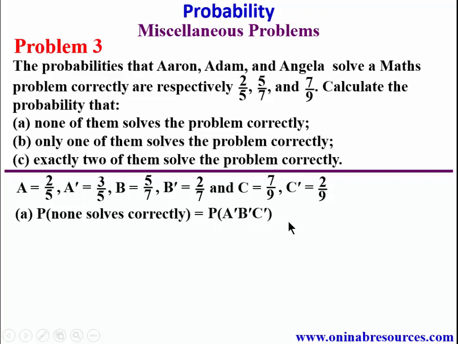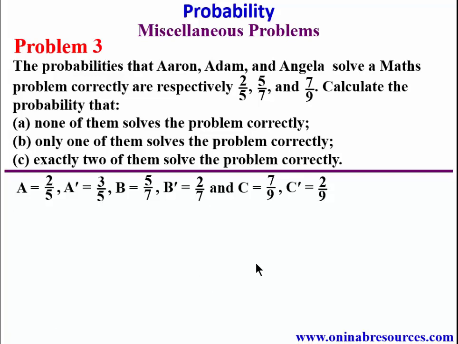So which is going to be the product of the probabilities. That's going to give us 3/5 times 7/2, then times 2/9. Simplifying this, we have 4/105 in the simplest form.